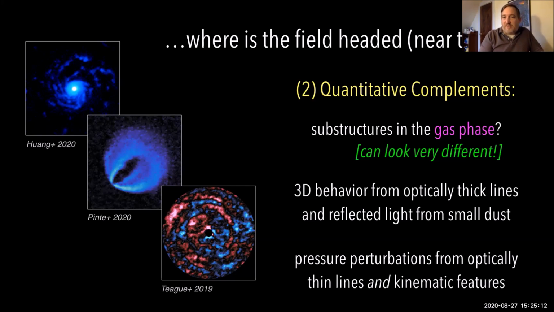So there's a lot of interesting stuff you can do with spectral line observations from ALMA, basically tracing out the 3D behavior of substructures. You can also do this in some sense with reflected light from small grains using high resolution infrared observations. And the really nice thing is that from kinematic features, in principle, you can measure pressure perturbations without relying on the intensities.